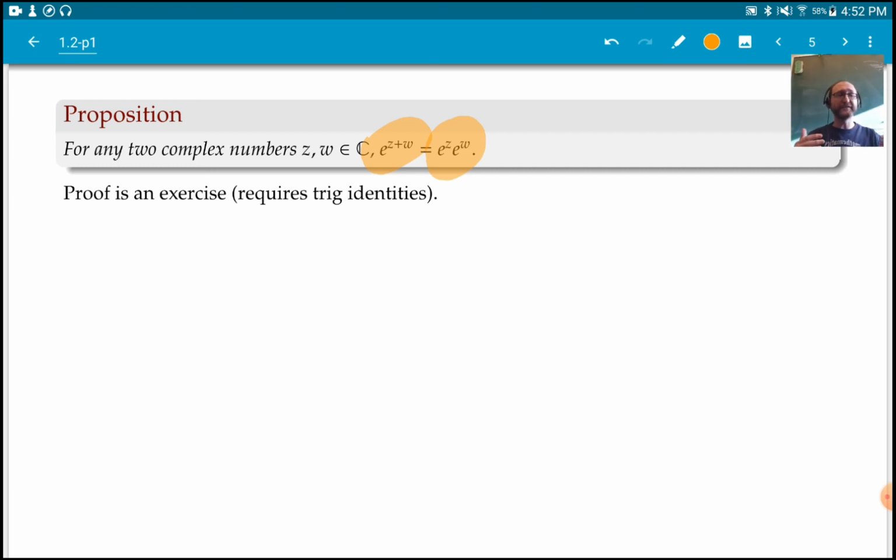Now, actually, what happens is that if you take the actual proper definition, and we'll do a proper definition of the exponential, not this quick one, where we're not going to need the real exponential, sine and cosine, you could prove this formula, and from that you would prove those trig identities. So it depends on where you define and what you prove, but here, at this point, it would require those trig identities.